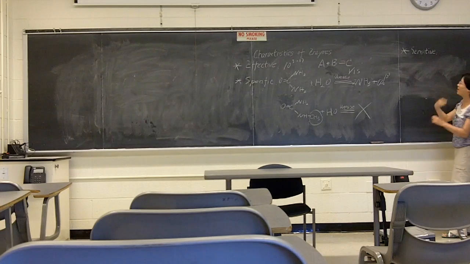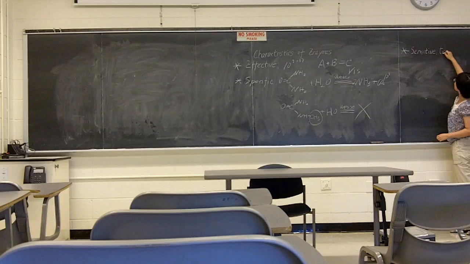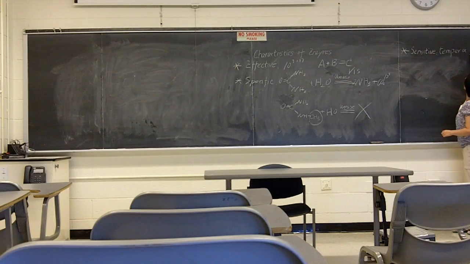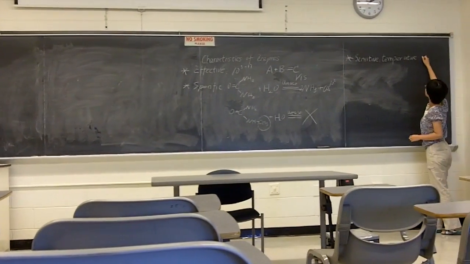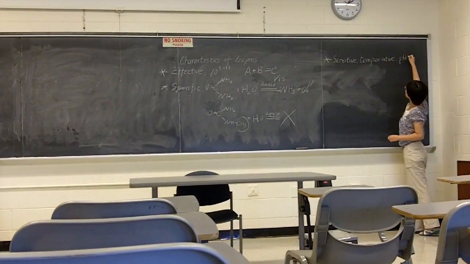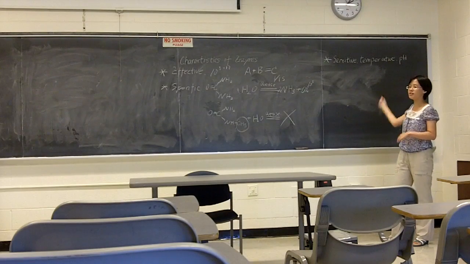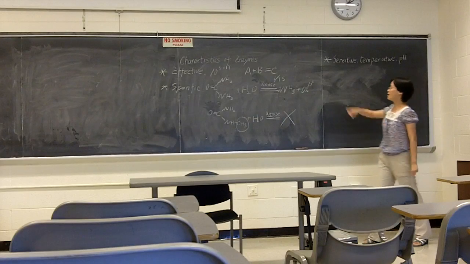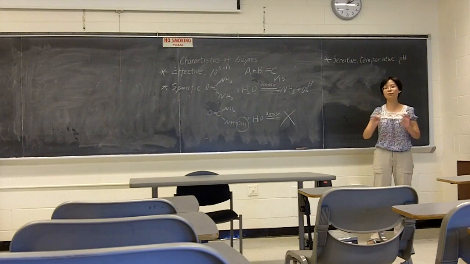The environment usually means the temperature and the pH. If the temperature is too high, or the pH is too high or too low, enzymes will deactivate or even denature. They cannot work anymore.